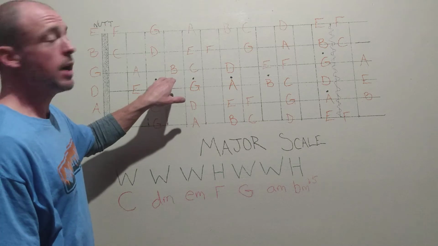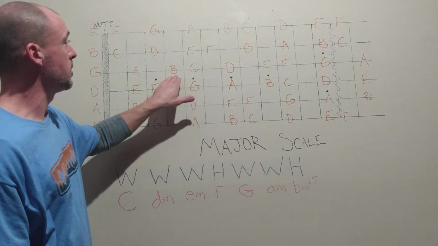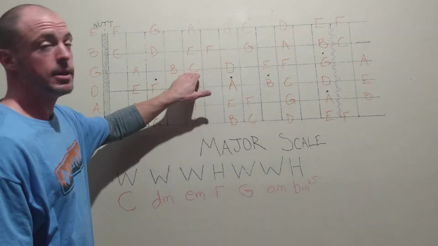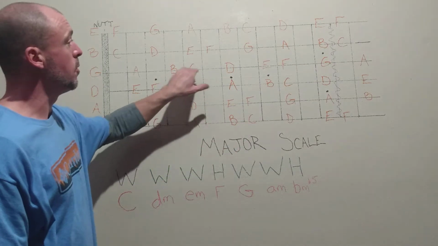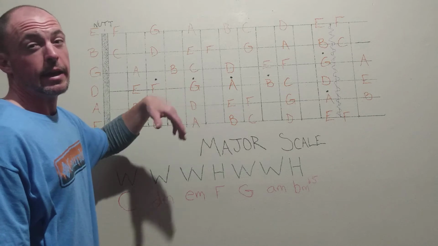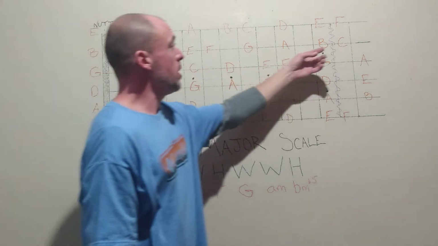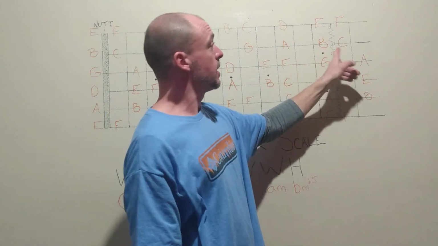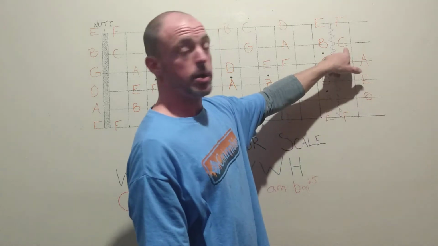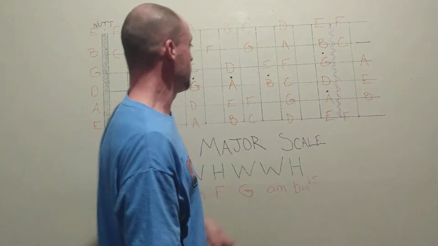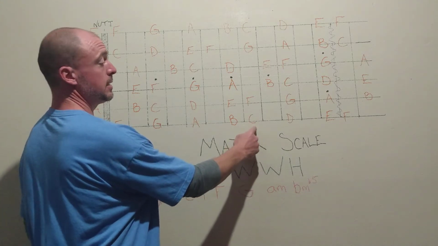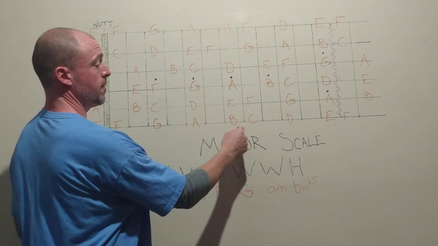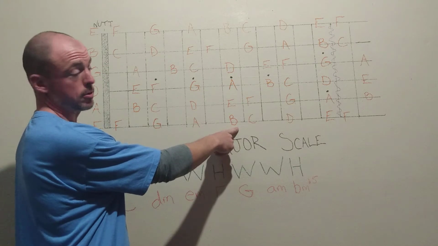Anywhere on the neck you find a B note, you're going to find a C note down the neck, one fret over. That's a half step, one fret. It doesn't matter where you find a B note, it's going to be neighbored by a C note. Or vice versa, if you find a C note going up the neck one fret, you will find a B note.